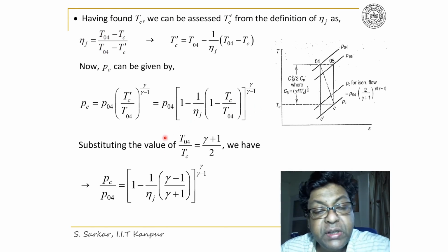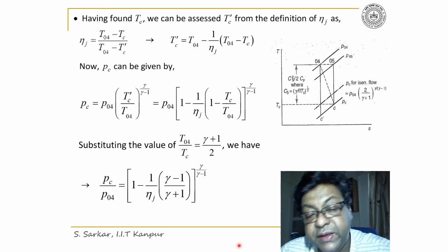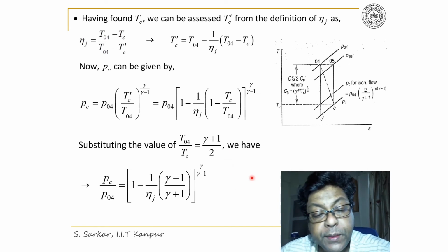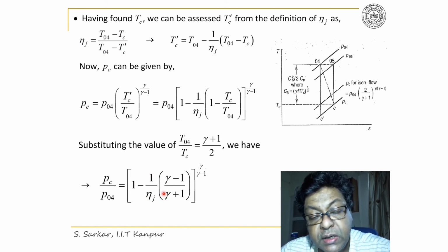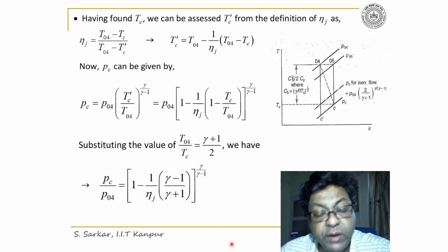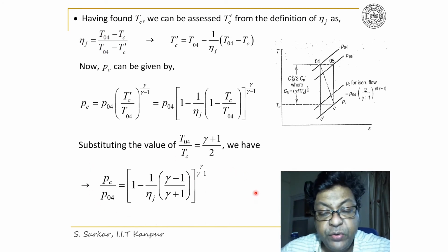Now, substituting the value of T04 by Tc is equal to gamma plus 1 by 2, we have Pc by P04 is equal to within the bracket 1 minus 1 divided by eta J into gamma minus 1 divided by gamma plus 1, to the power gamma by gamma minus 1. So this is an important relation which will give me the value of Pc.